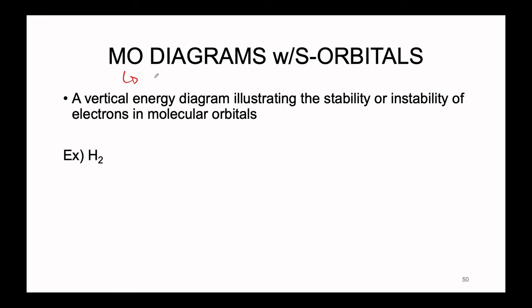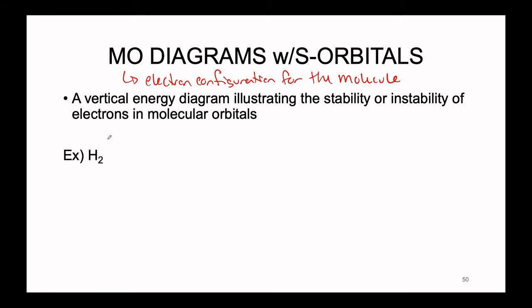We can think of this molecular orbital diagram almost like the electron configuration for the molecule. It helps us to figure out whether or not electrons are going to be in the bonding or the anti-bonding orbitals, and as a result, how stable the molecule is going to be.